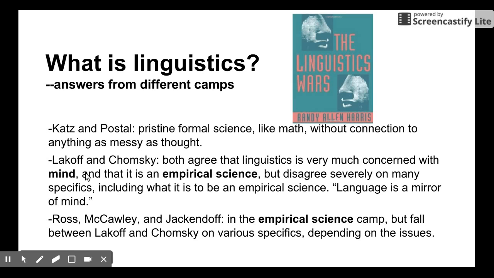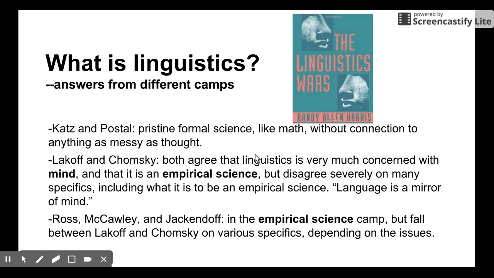Okay. On the other hand, Lakoff and Chomsky think that linguistics is highly connected to the human mind. There's a quotation from them: language is a mirror of mind. If you want to know something about the human mind, you need to know human language. They also agree that linguistics is an empirical science.